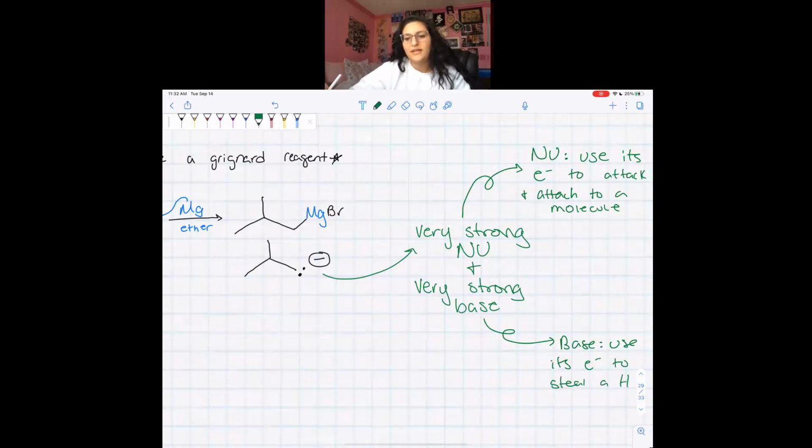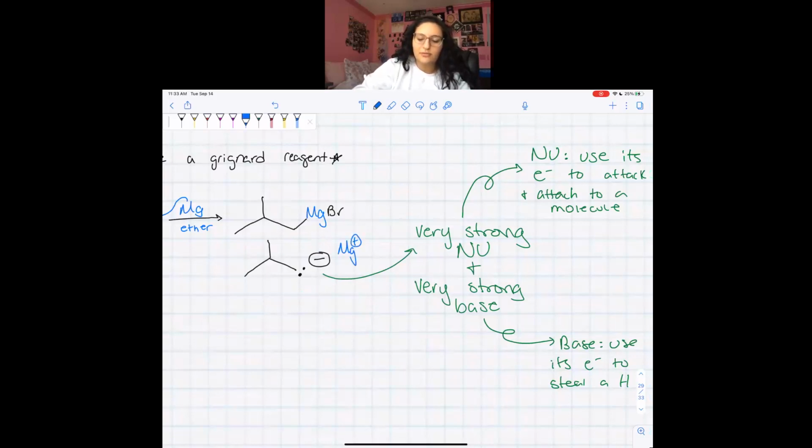And someone said, so the magnesium and bromine basically fall off like a leaving group. Yeah, we can think of it that way. Short answer, yes. Long answer, this is actually a really weird bond. So they're connected, but they're not really connected. We draw it as a bond, but we actually look at it as if this was like a spectator ion, almost.